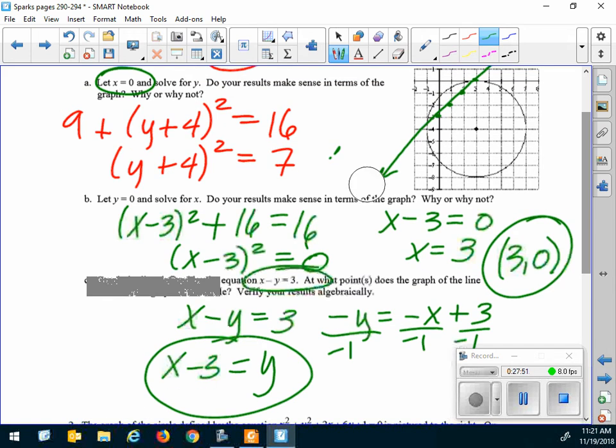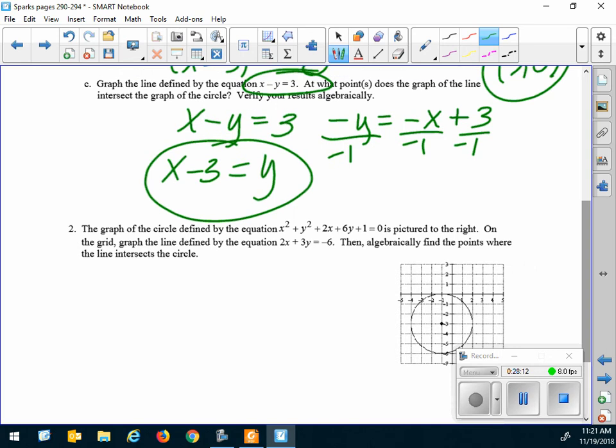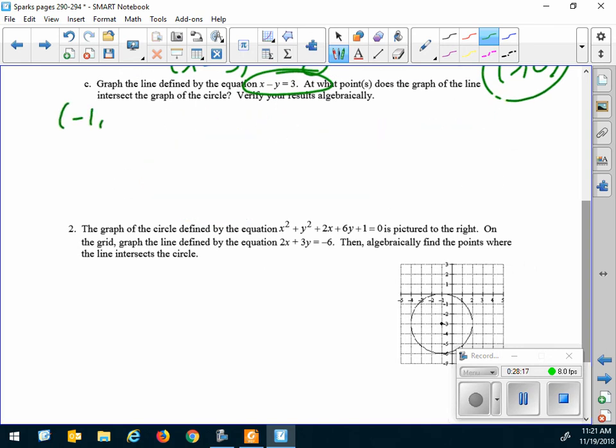Now, if I did a slope right on this end, it would have ended up right there, wouldn't it? At what points do the graph of the line intersect the graph of the circle? -1, -4, and 3, 0.